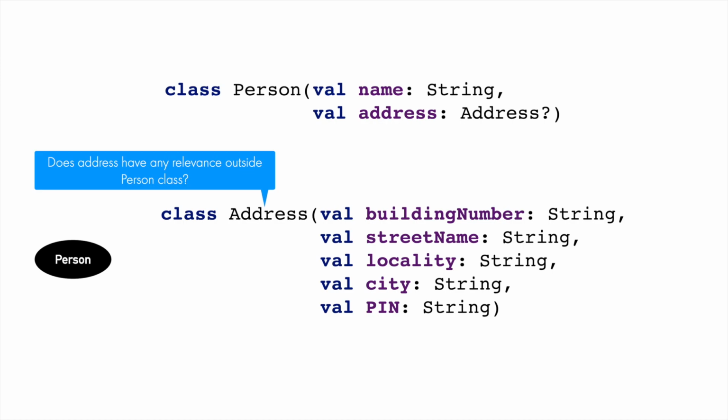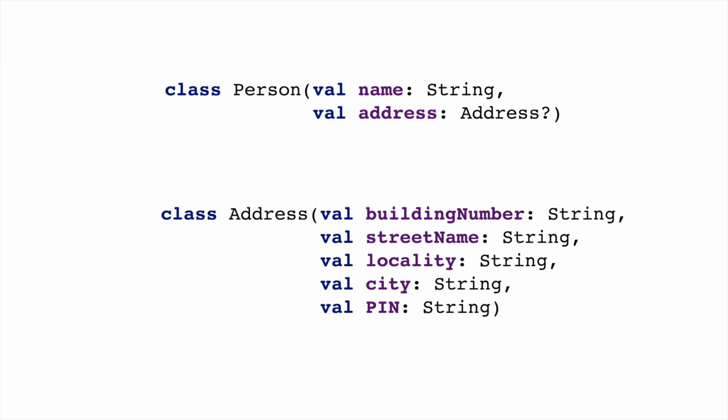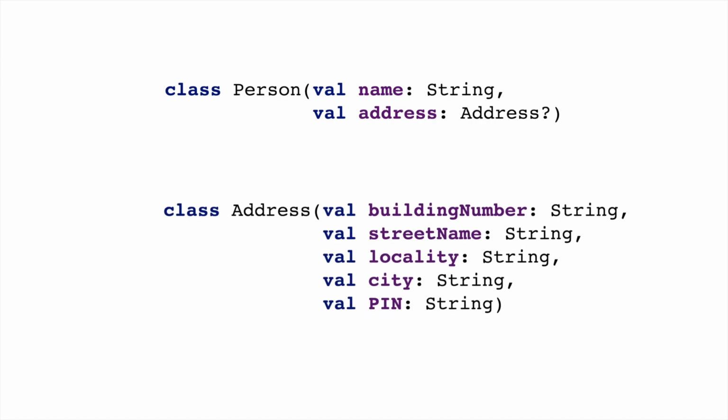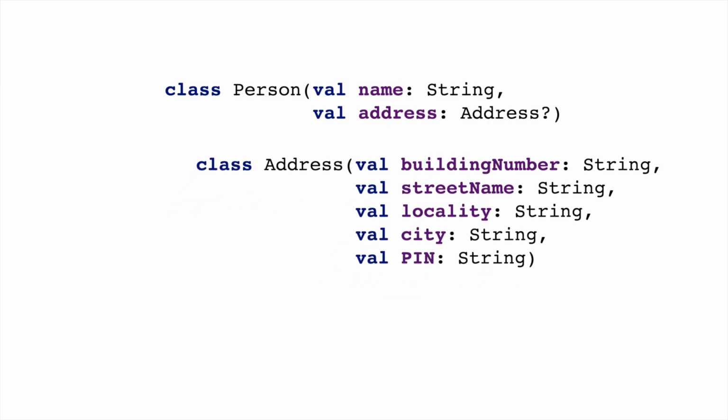Adhering to that assumption, we might actually want to change the way the person and address classes are defined in our application. We might go ahead and say that this address class should actually be inside the person class because it doesn't have any relevance outside the person class. And that's where the concept of inner classes comes into the picture.